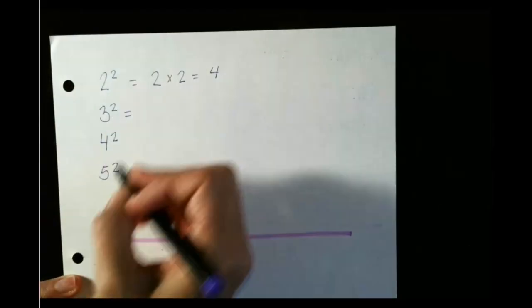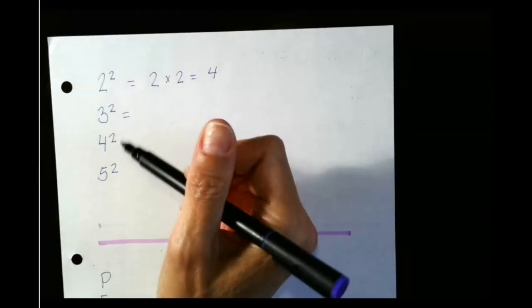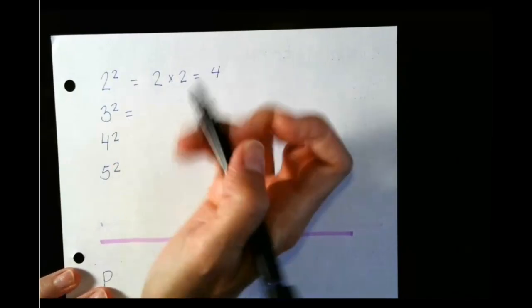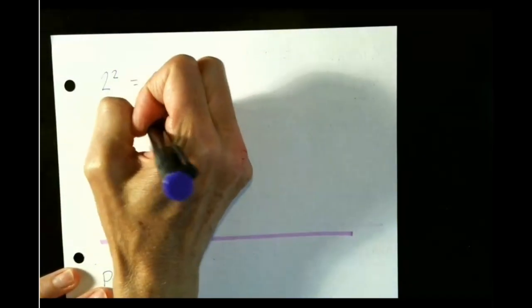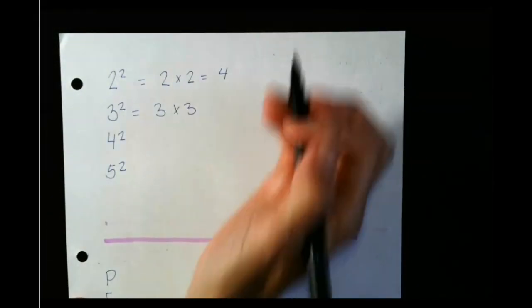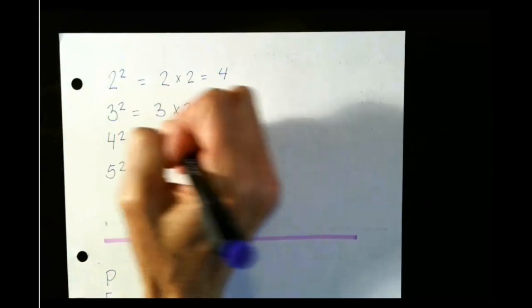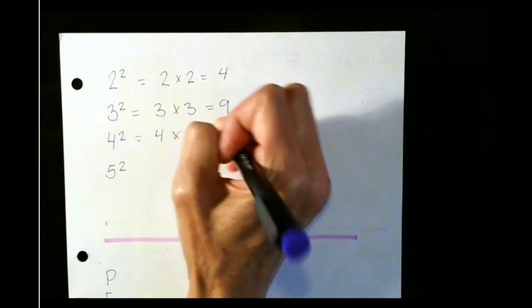So these are all going to be squares, because I think in this class we will only need to be worrying about squares. So 3 squared is, we do our base number times itself. Okay, so 3 times 3, of course, is 9. And then 4 squared is 4 times 4 is 16.